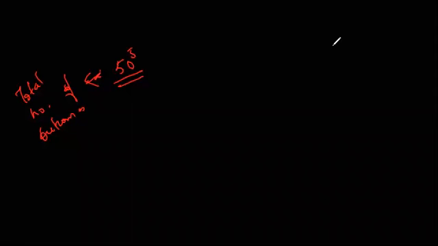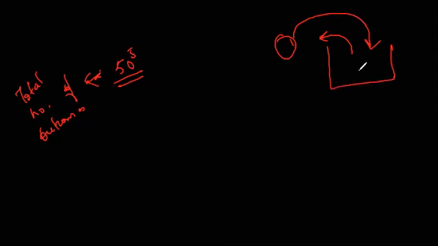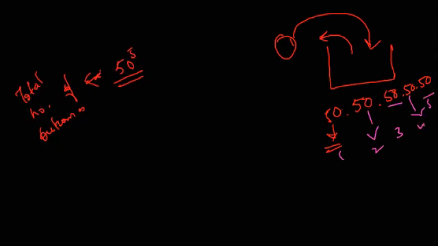Because once the first ball is selected, to select the next ball I am putting back the first ball. So each time you will have 50 choices: 50 into 50 into 50, 5 times. This is the choice for the first ball, second, third, fourth, and fifth.